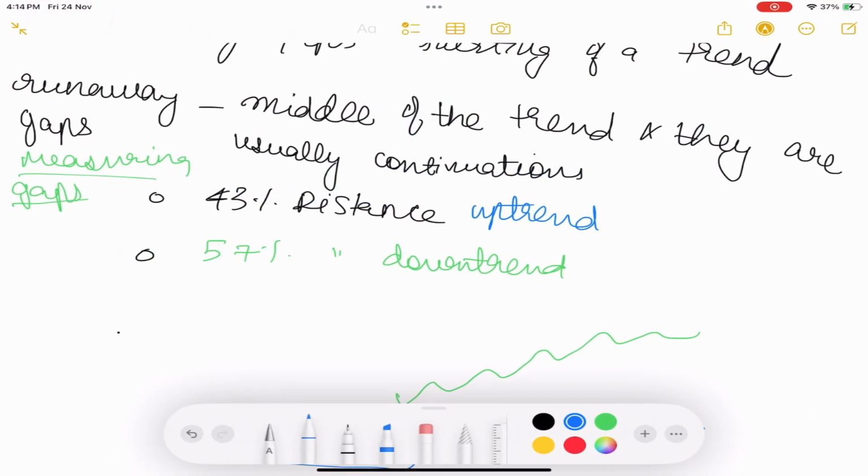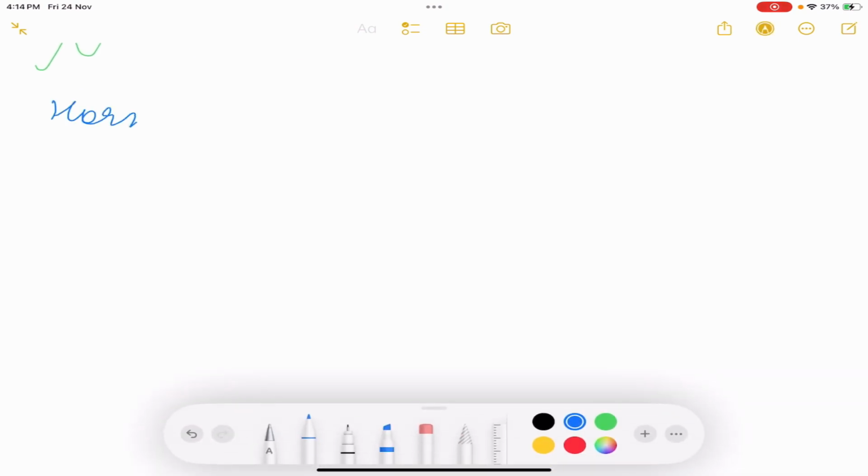So how am I going to remember a horn pattern? It's very simple. Just keep in mind that the horn pattern is identical to the pipe, but the difference between the pipe and the horn pattern is that there is a small candle in the middle which is separating the two horns, and this is not there in the pipe formation.